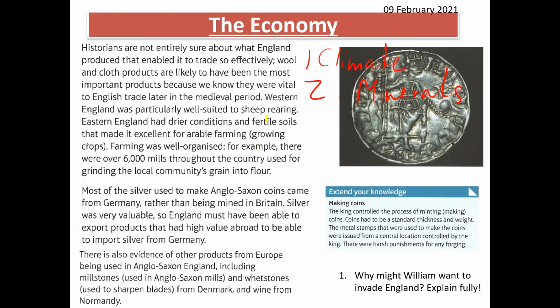So we've got arable agriculture. We've got essentially crops and we've got animals, particularly sheep, pigs and cows, and crops. So arable farming. The economy of the country was based upon its agriculture. Remember, wool and cloth at that time were vitally important in Western Europe.